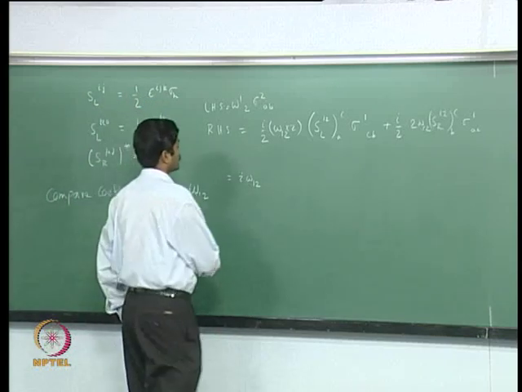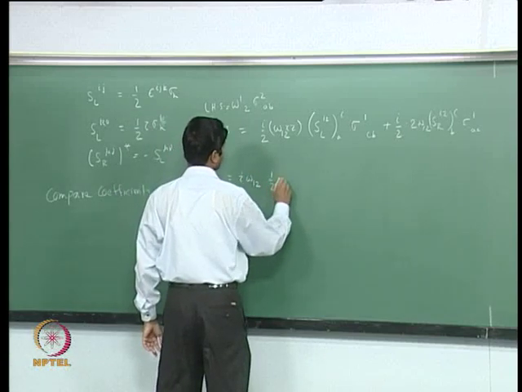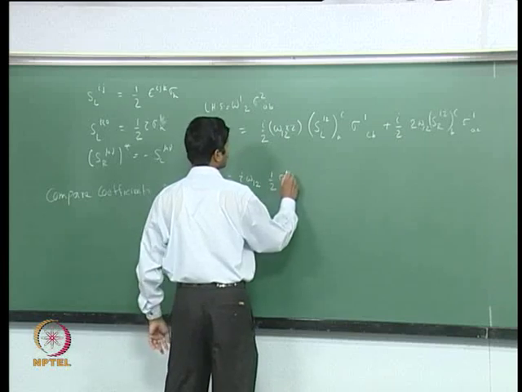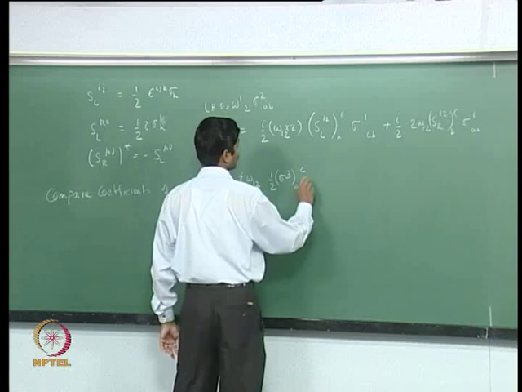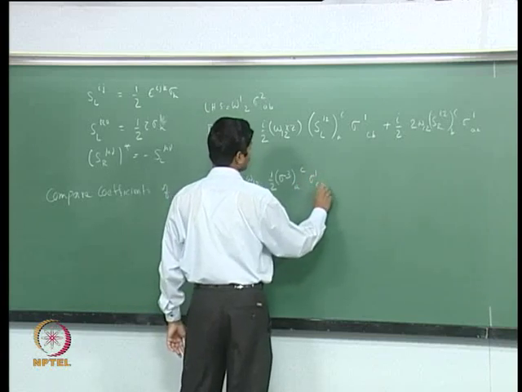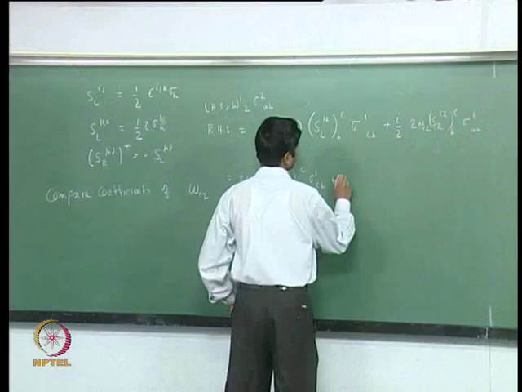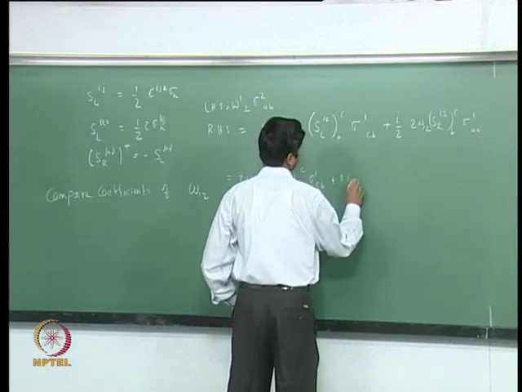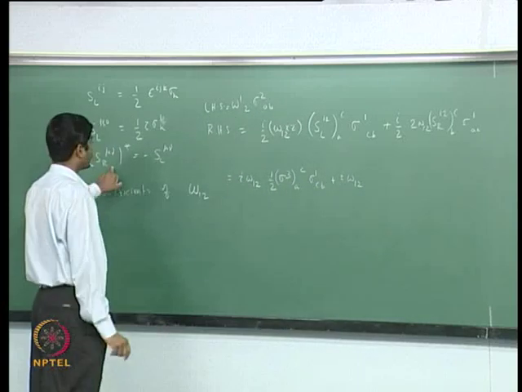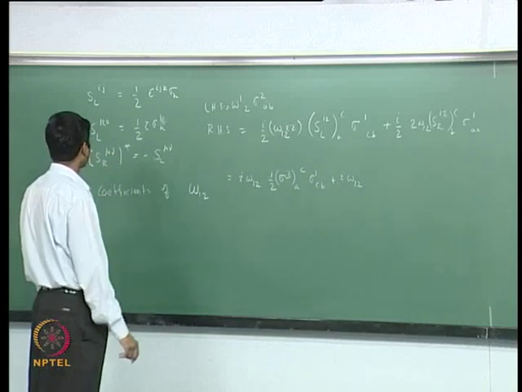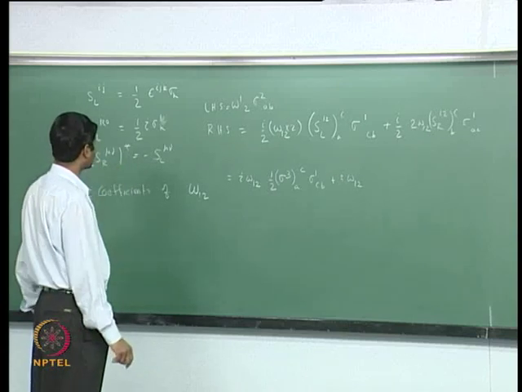So, this is half sigma 3 of AC sigma 1 of CB, and here similarly plus I omega 1 2 SR 1 2 is just minus SL 1 2 star.